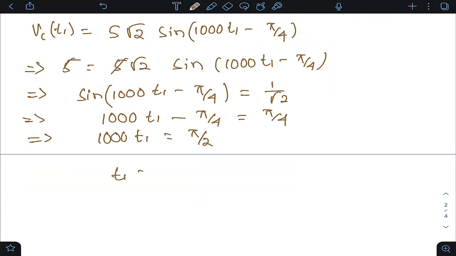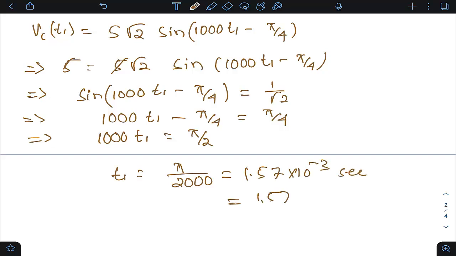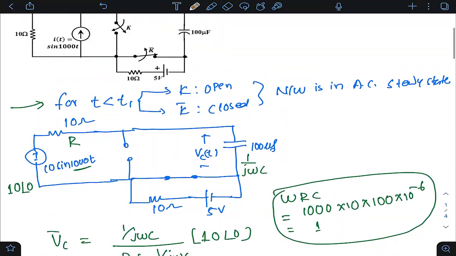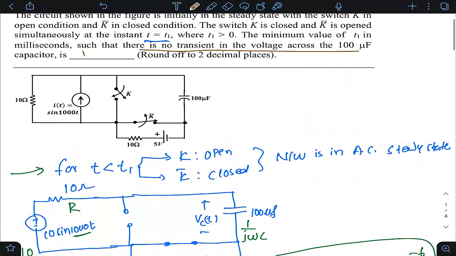So t1 is pi by 2000. If you evaluate pi by 2000, it is 1.57 into 10 raised to the power minus 3 second, which is equivalent to 1.57 millisecond. So the answer of this problem is 1.57.